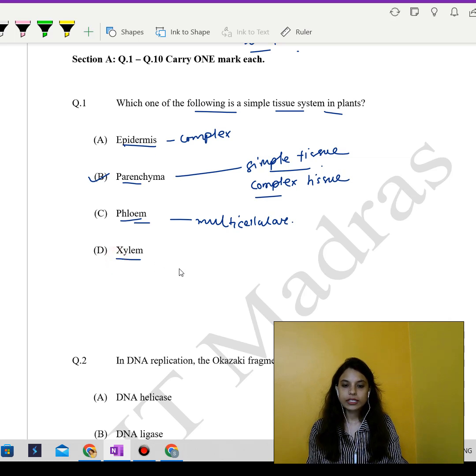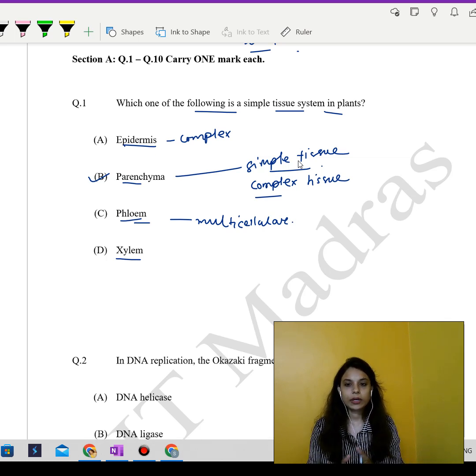Last is xylem. Xylem also is quite similar to phloem. Xylem is also a complex tissue and it is involved in conducting water and inorganic nutrients upwards from the roots. That's its work, and it also houses various cell types like tracheids, vessel elements, and xylem parenchyma, with distinct roles in water transport and support.